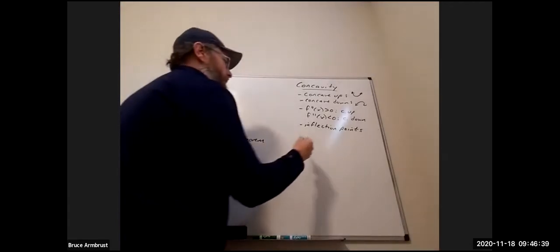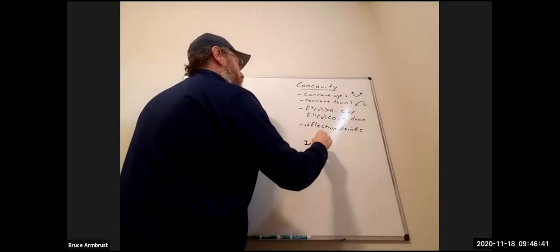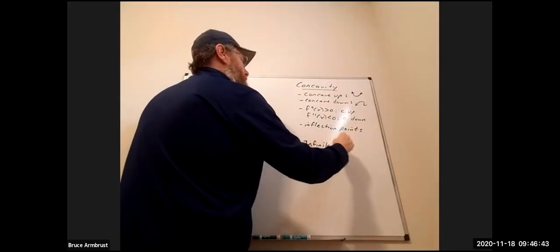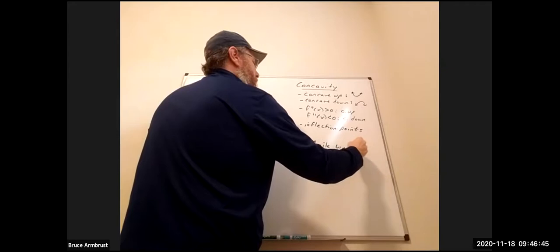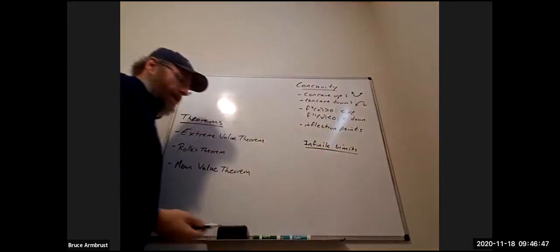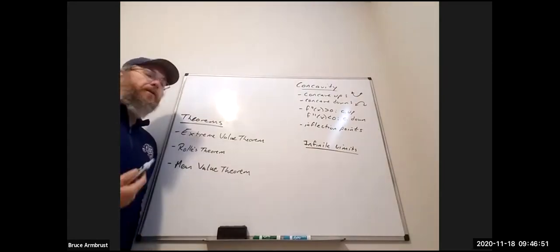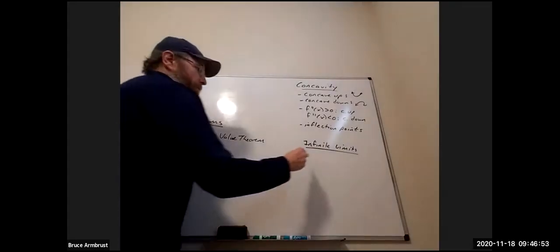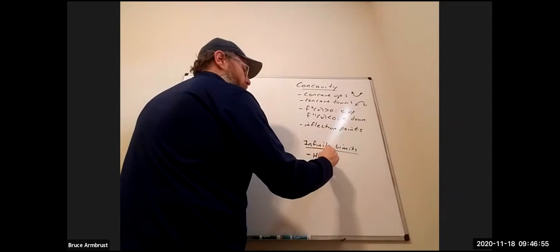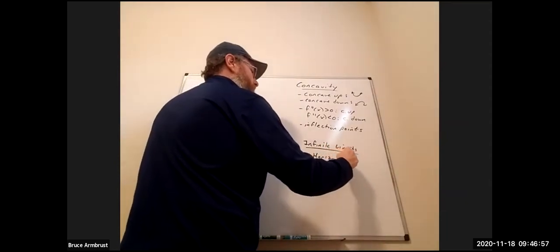We also looked at infinite limits. So these are limits as we go to plus or minus infinity. So just some things to remind you about here. Horizontal asymptotes.